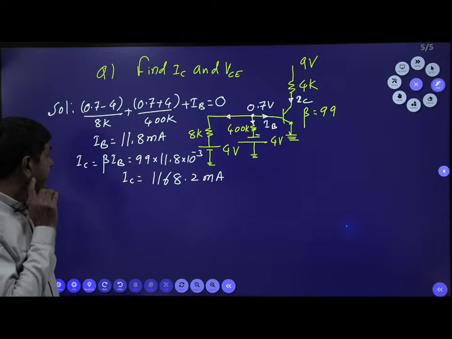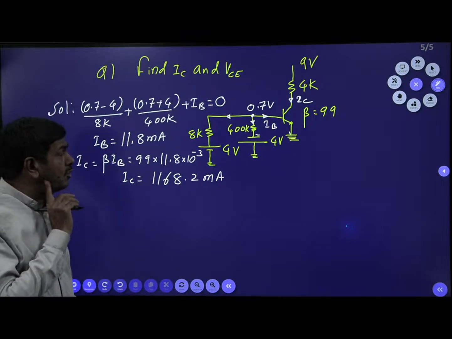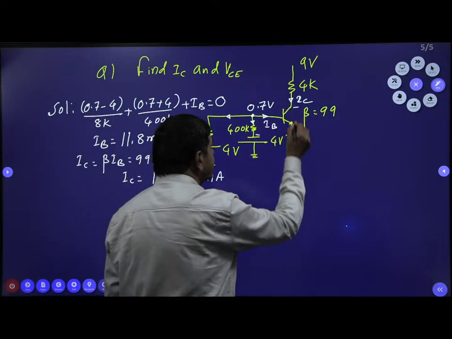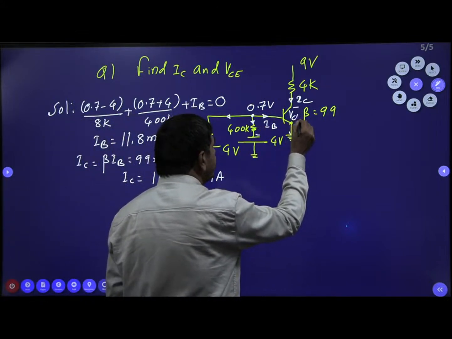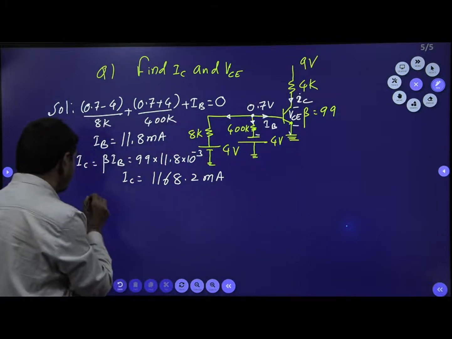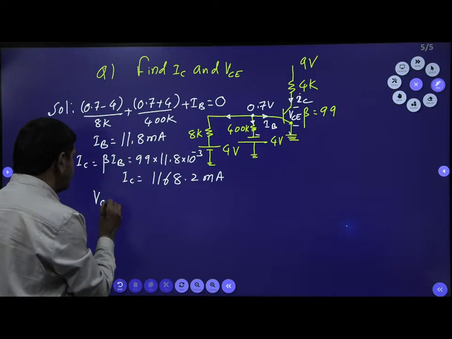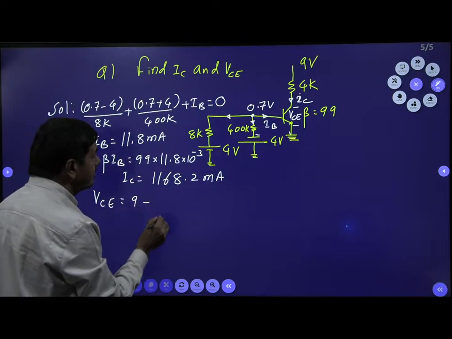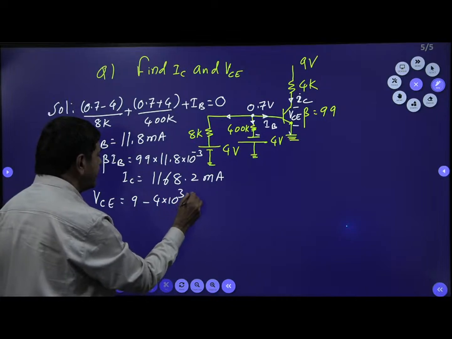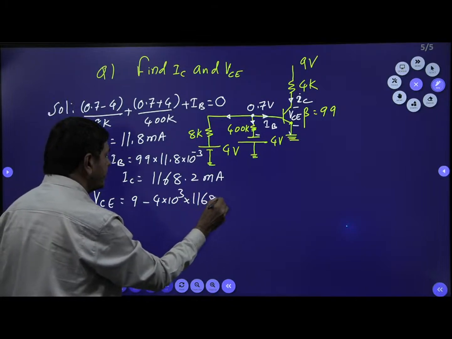We can check whether it is in the active mode or not by finding the VCE value. VCE equals 9 minus the drop across this 4K. I can write VCE equals 9 minus 4K into IC, where IC is 1168.2 milliamperes.